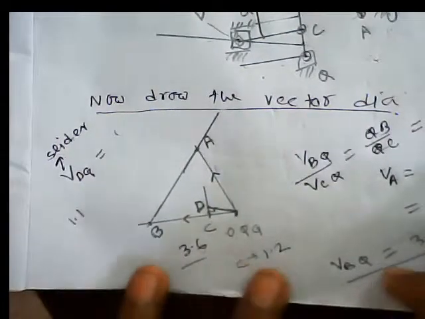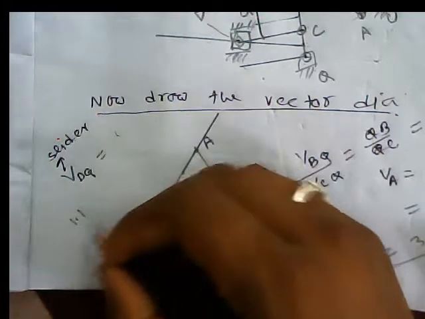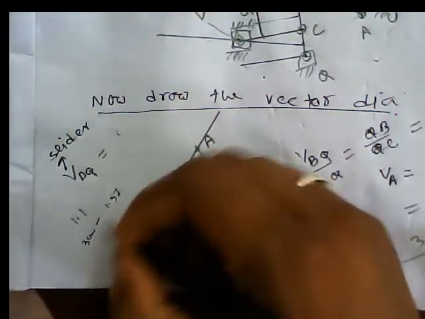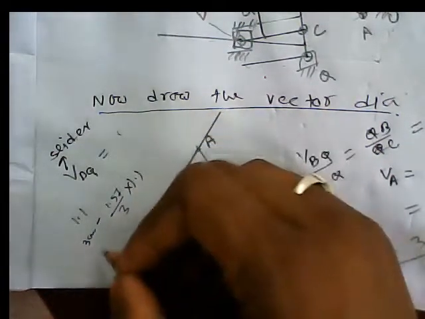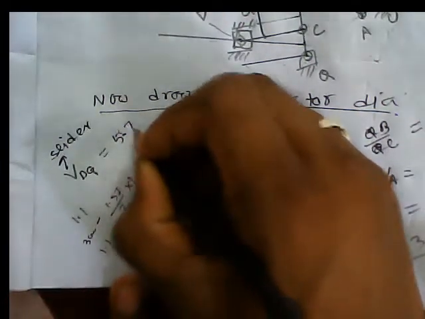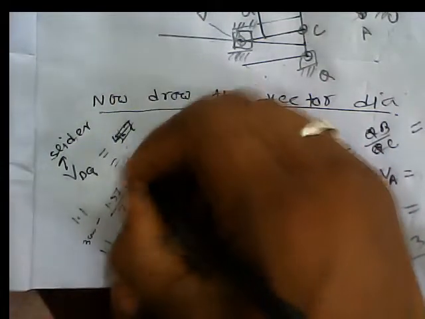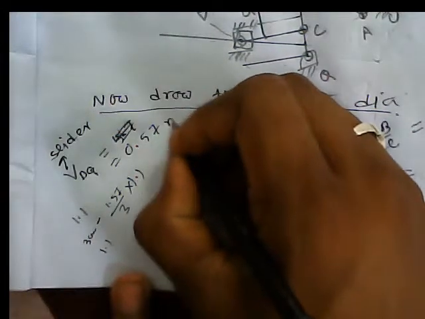Then 1.1 centimeter means 1.57 divided by 3 into 1.1. So that is 0.57 meter per second.